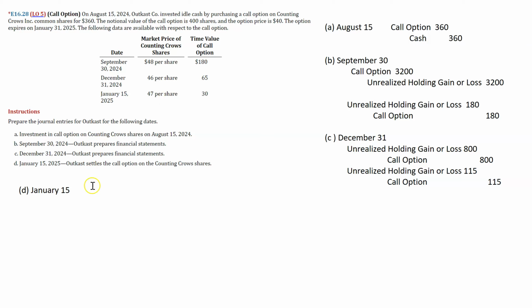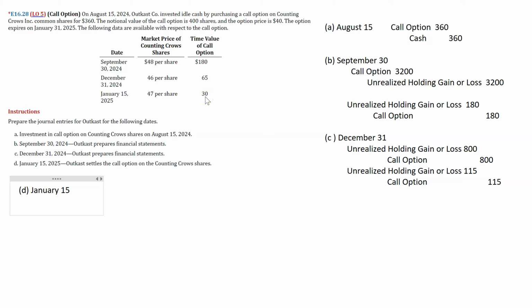So first, on January 15, let's do this time value reduction record. We will reduce the option value from our previously adjusted value, which was 65, and now the time value of the call option is 30, so we have to reduce it by 35.